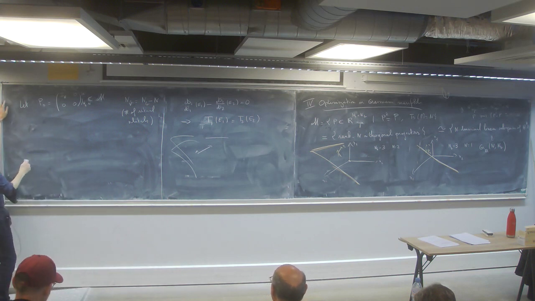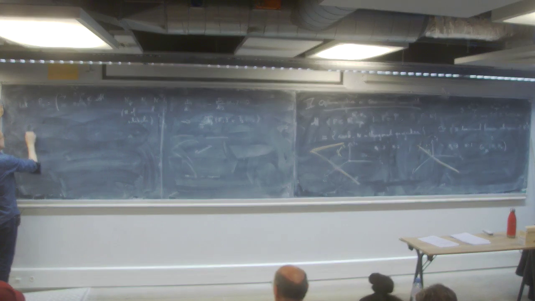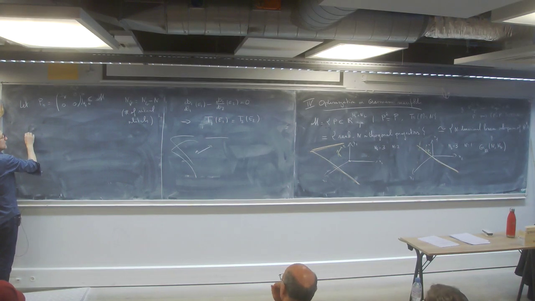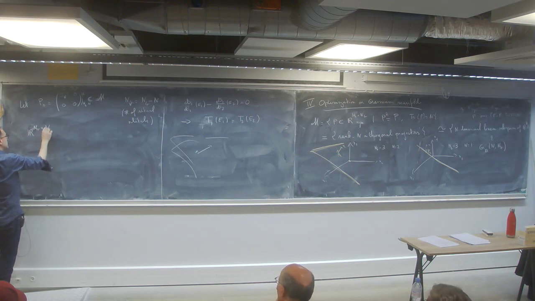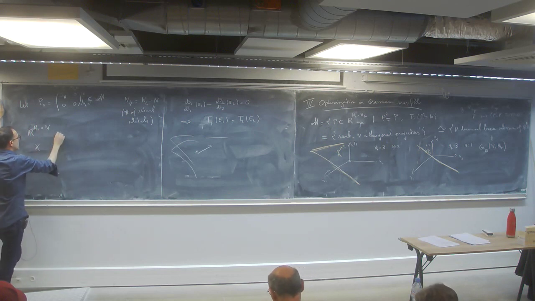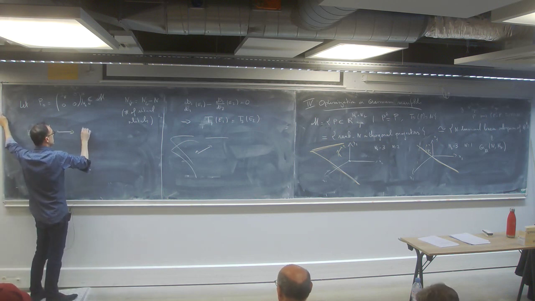And then you have a nice system of coordinates. You go from NV times n into this.